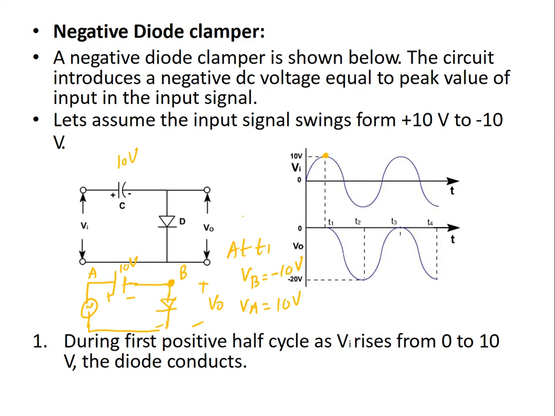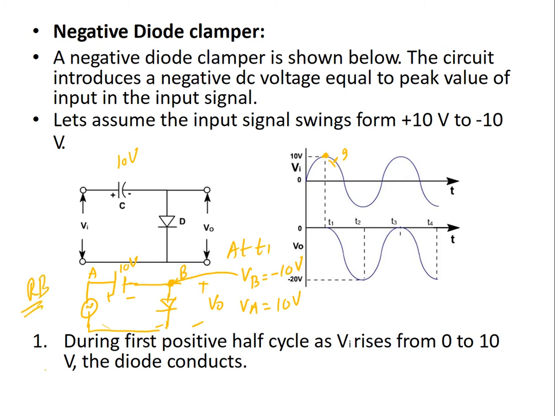Now what is actually happening? The capacitor side is connected with the minus 10 volt, and now this voltage is dropping. Dropping means here we are getting, for example, 9 volt. So VA is 9 volt. This is the positive side, and because the minus 10 volt is connected here and this is negative, this diode will go into reverse bias condition.